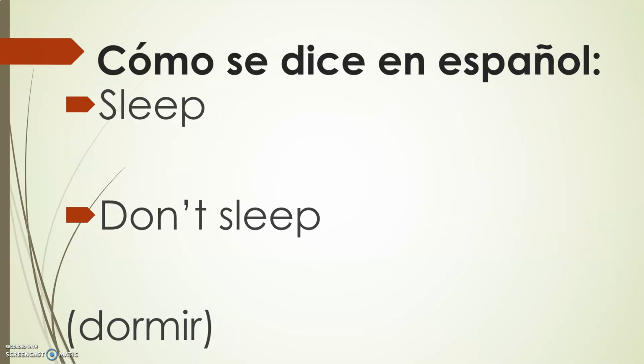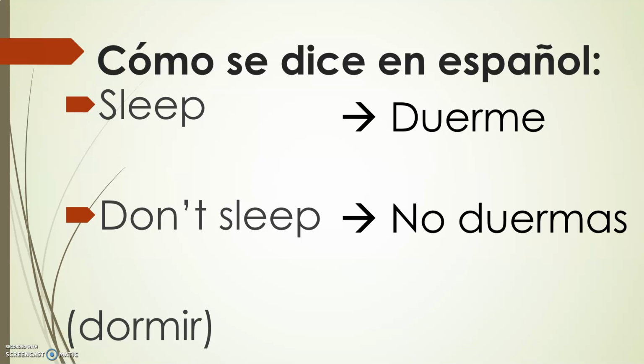¿Cómo se dice en español sleep and don't sleep? The verb is dormir, but keep in mind that this is a stem changing verb. The two forms are duerme and no duermas.